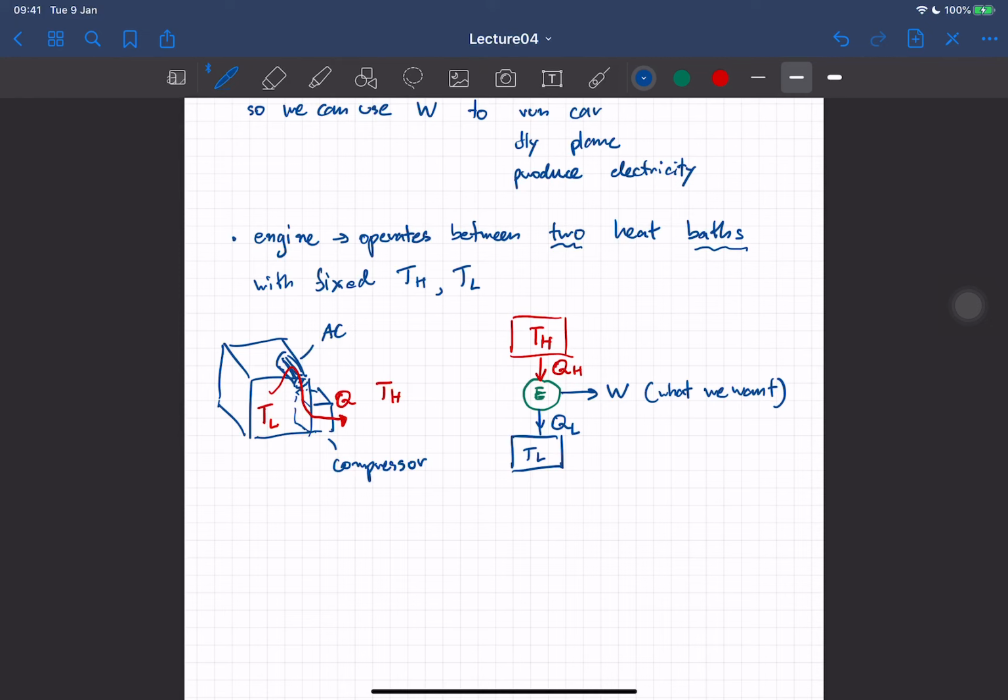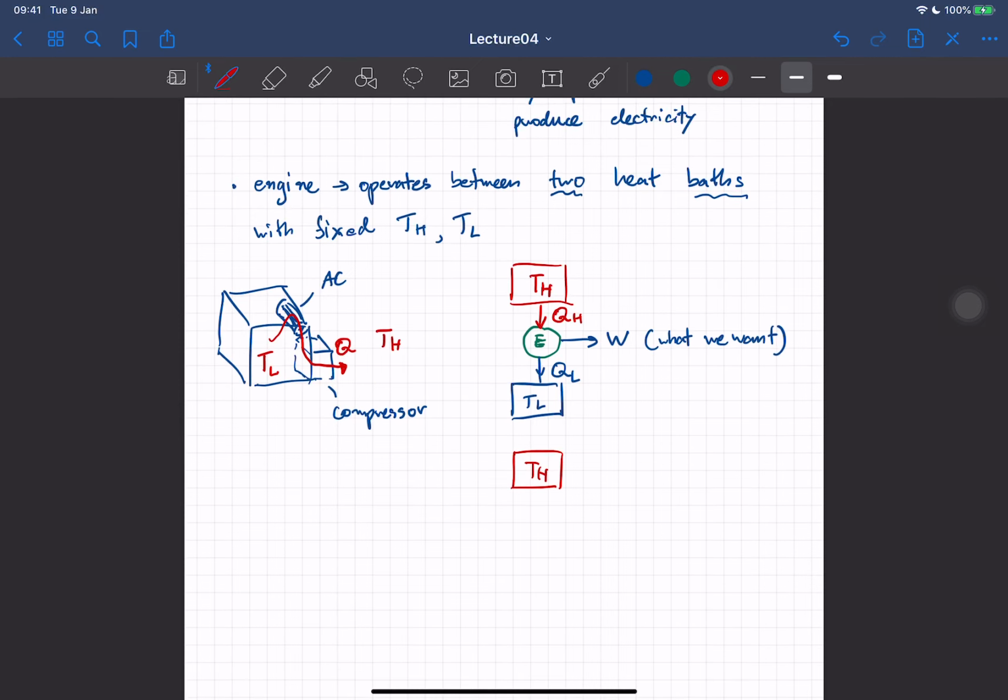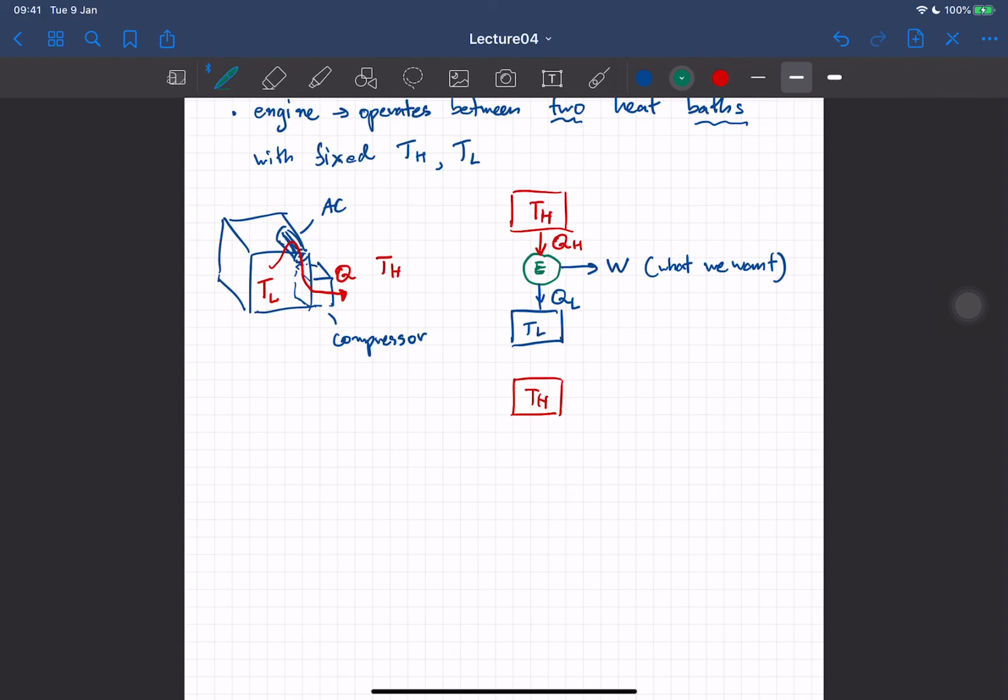Okay, so this is a typical heat engine, and you can run it backward. For example, you can put in work to move the heat from the low side to the high side. So in this case, you put in work, and what you do is you extract heat from the low side to the high side like this.